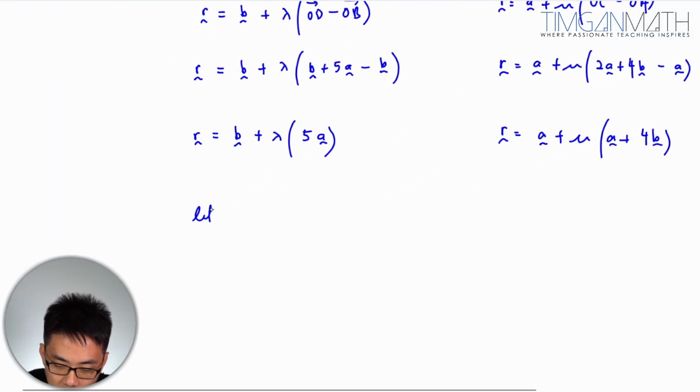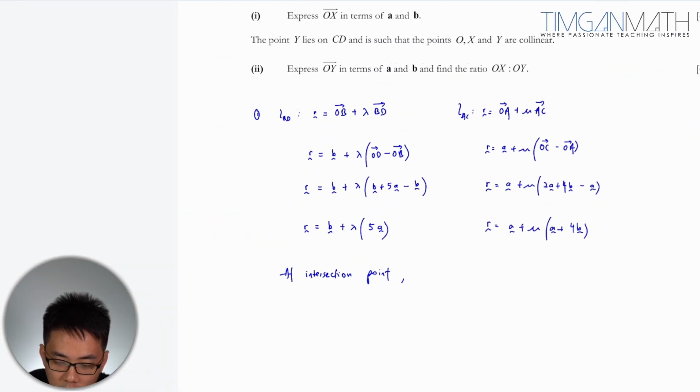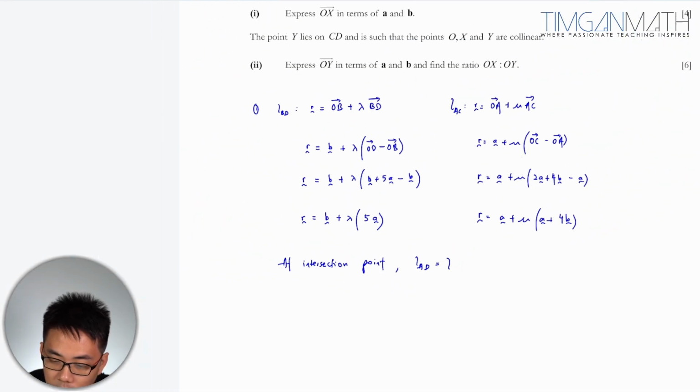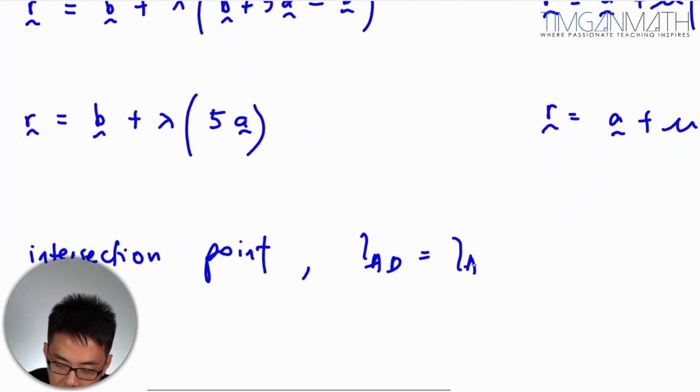So at the intersection point, we know that r1 equals r2, so LBD equals LAC.